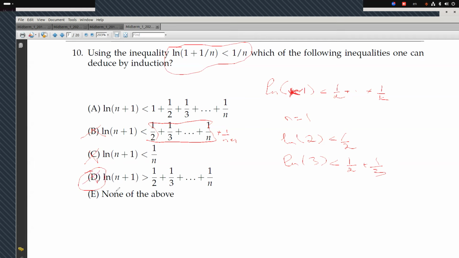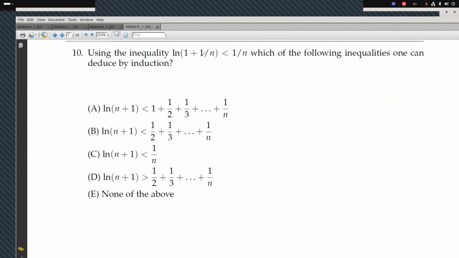Actually, to be honest, this inequality, the last one, is correct. This estimation is correct. But if we try to prove, what says our statement? It says, when you are proving by induction, which of the following can be obtained using this inequality?